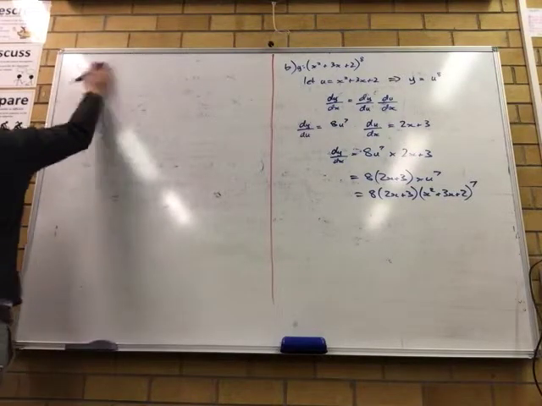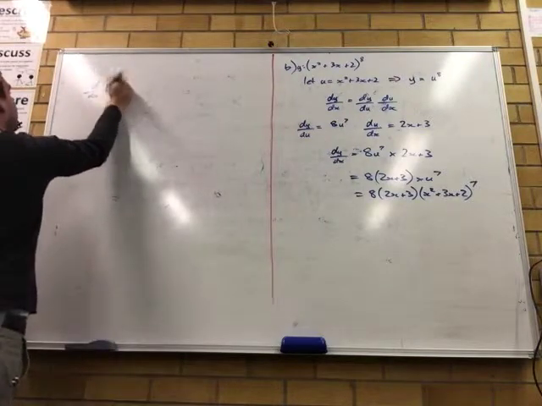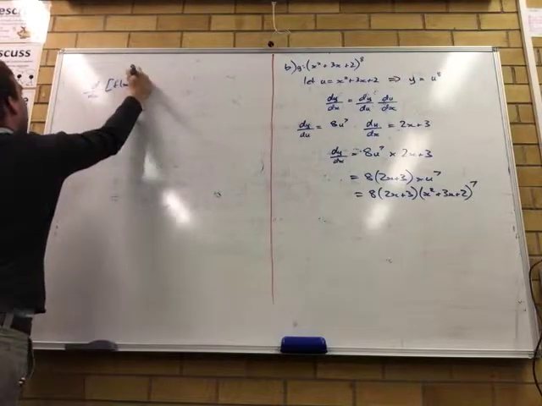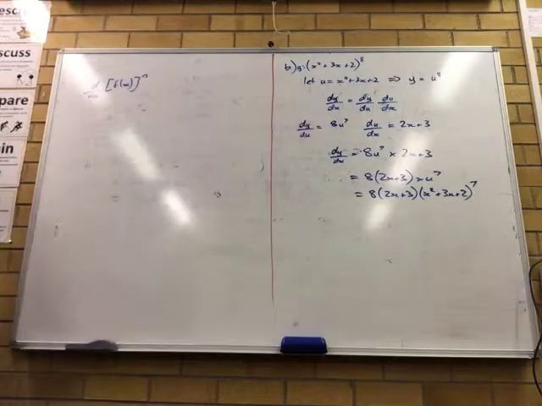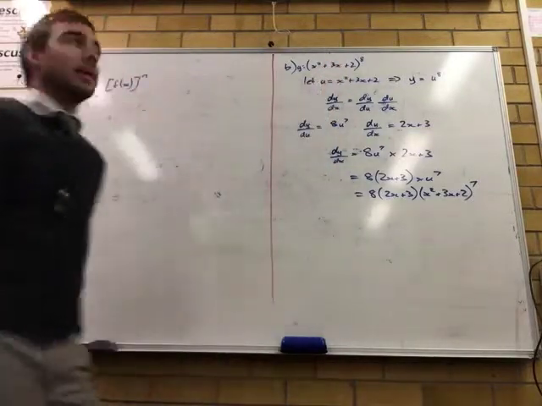So, the result: the derivative with respect to x of some function of x all to the power of n. This is in your notes. So some function of x all to the power of n, like this one, all to the power of 8.